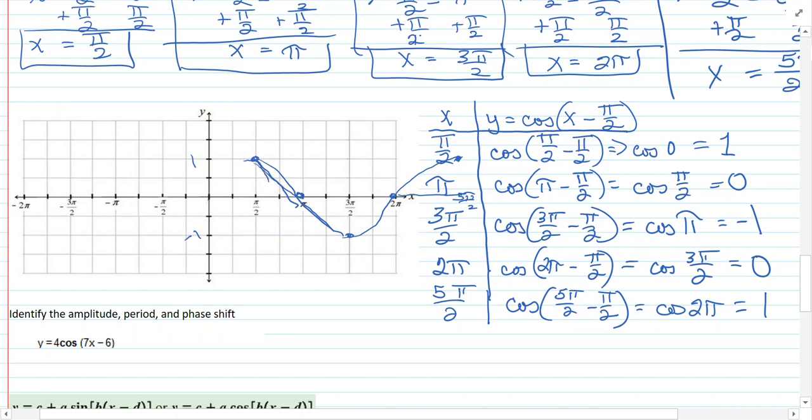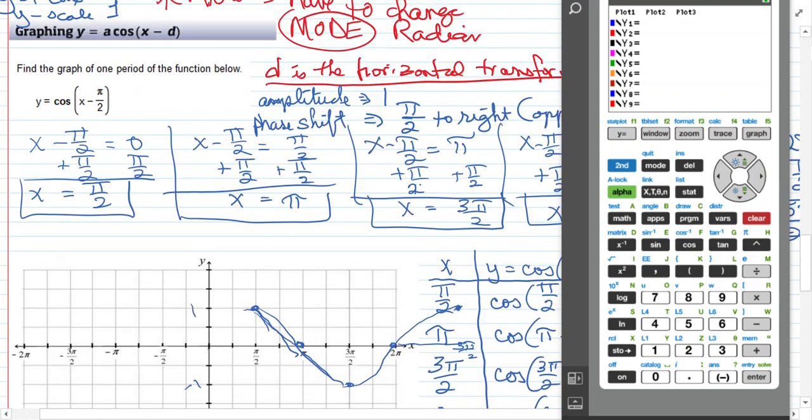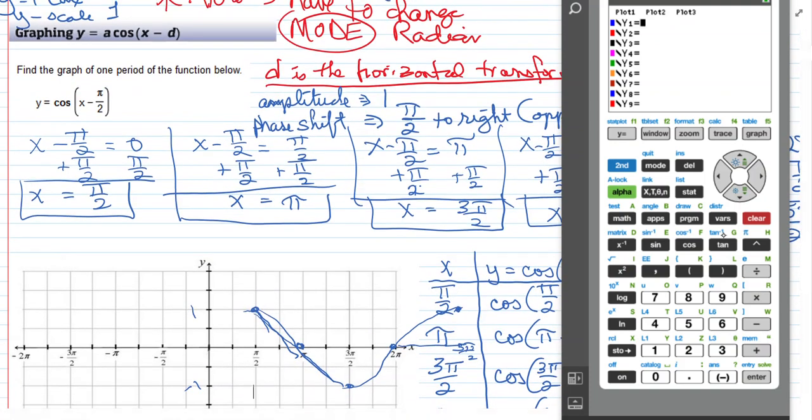And we can do it on the calculator, because this one is easier than the first one I did. So we want to erase what we have there. And the function on this one is cosine. And I'm going to have x, which is second row, second key, minus pi halves.